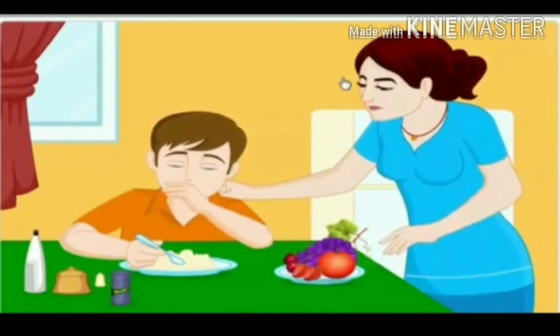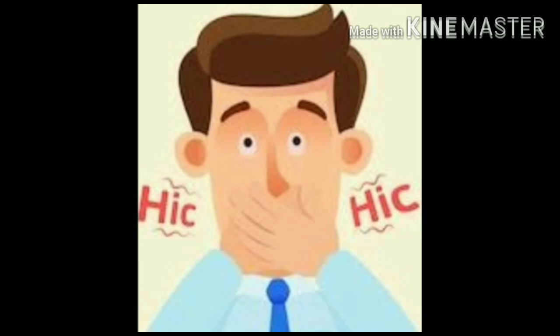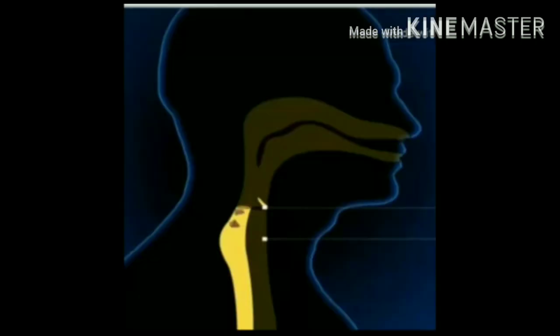Sometimes when you eat in a hurry, or talk or laugh while eating, you may cough, get hiccups, or have a choking sensation. Why do we get hiccups? This happens when the food particles enter the windpipe.